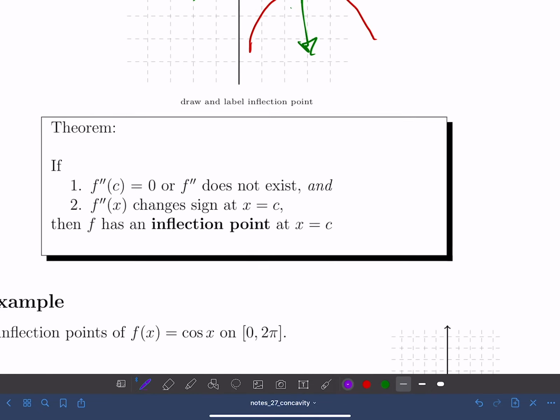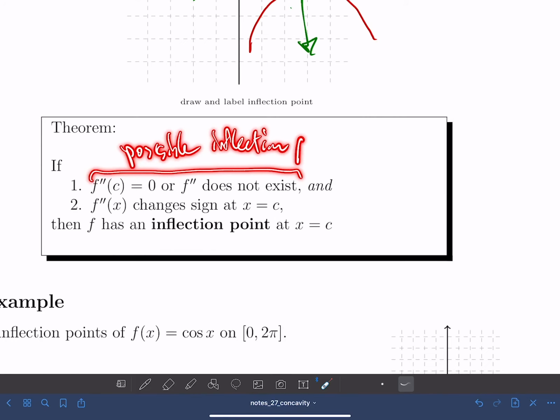So I've got a theorem here, and that's that if two things happen, if f double prime equals 0 or f double prime does not exist, and in fact f double prime changes sign, then f has an inflection point. I think 2 implies 1, but 1 does not imply 2, because just because we have one of these two things right here, we call that a possible inflection point.